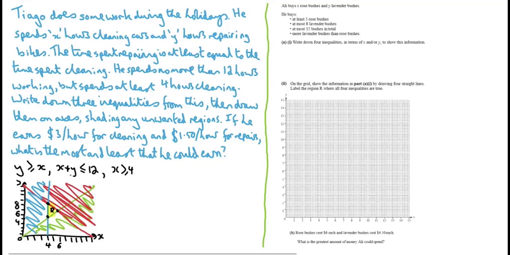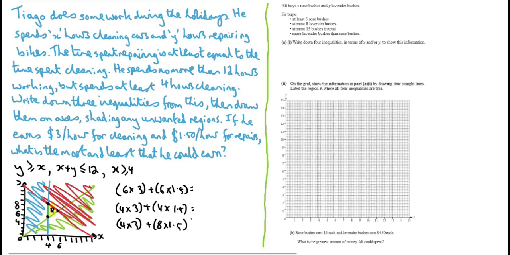So to find the most amount of money, what we're going to be doing is taking your x values and multiplying them by 3, then adding that to your y values multiplied by 1.5. So we're either going to have 6 times 3 plus 6 times 1.5, or 4 times 3 plus 4 times 1.5, or 4 times 3 plus 8 times 1.5.